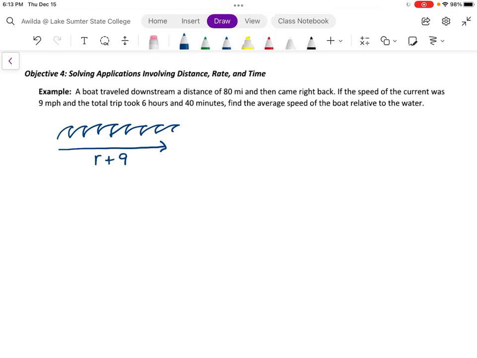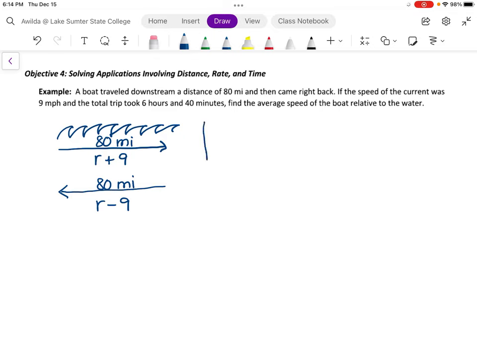On the other hand, when the boat is going against the current, it's being slowed down by the current. And so the speed is the speed of the boat minus 9 miles per hour because the current is kind of pushing back on the boat. Now we know that there are two trips to and from, and that they were each 80 miles. So we'll say here that it was 80 miles to go in one direction and then another 80 miles to return.